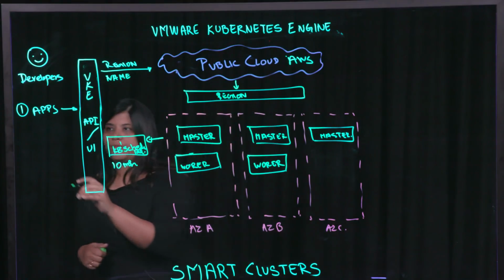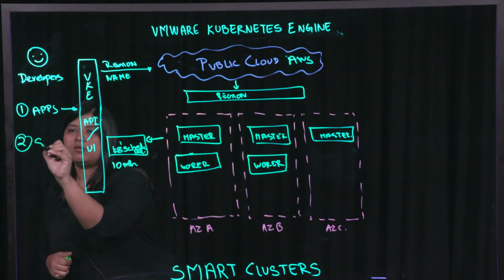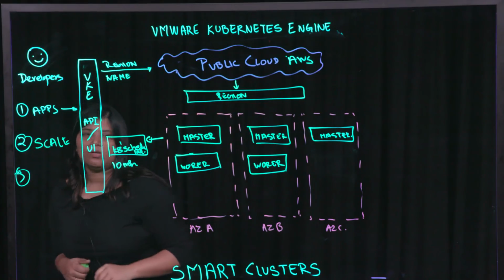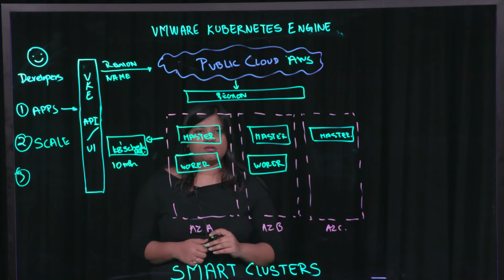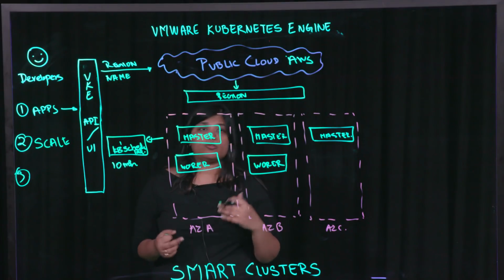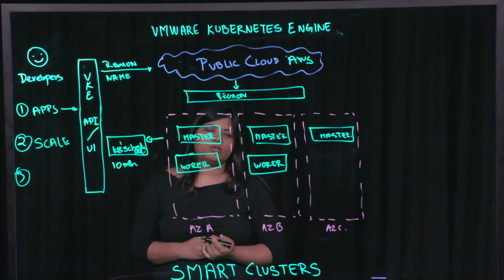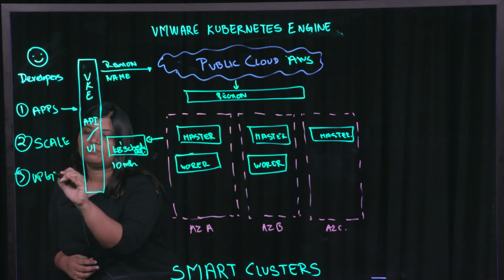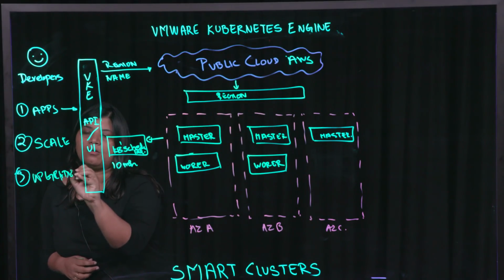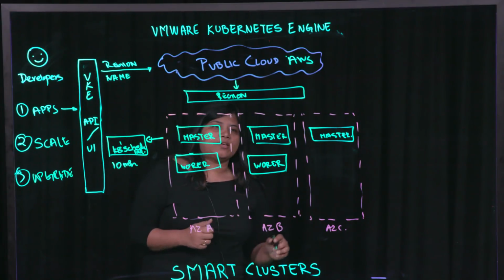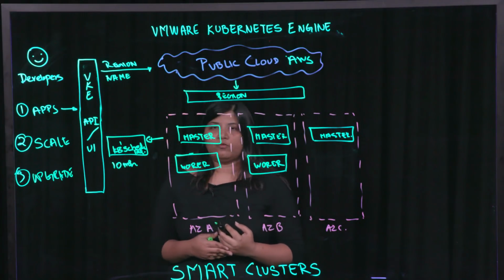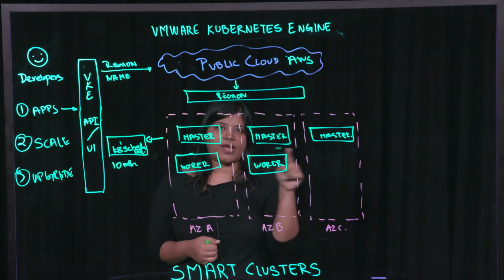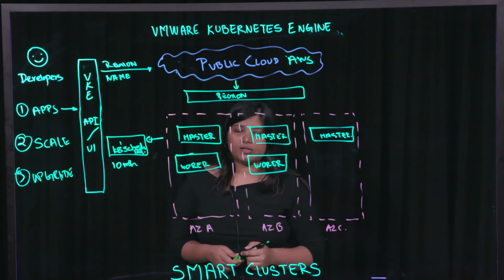Now, once the apps are deployed, we are also scaling them accordingly. Now, another version of Kubernetes comes up and the developer wants to upgrade their cluster to that specific version. So we want to now upgrade. VKE will take care of the upgrade for the developer in a rolling fashion for all the master and worker nodes deployed for that cluster.